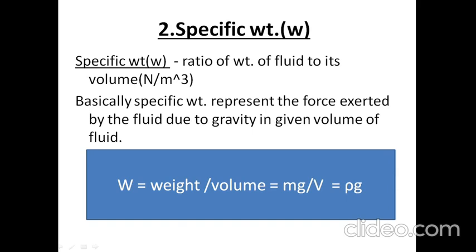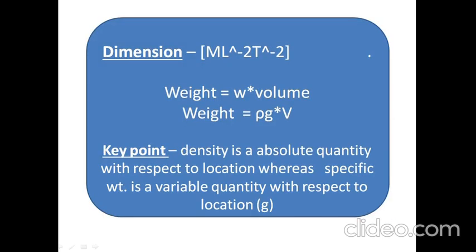So weight can be written as mg per unit volume, and m by V can be defined as density. So specific weight is equal to rho into g. Dimension of specific weight is ML to the power minus 2 T to the power minus 2. So weight of the fluid can be defined as the specific weight into volume, so weight is rho g into V.